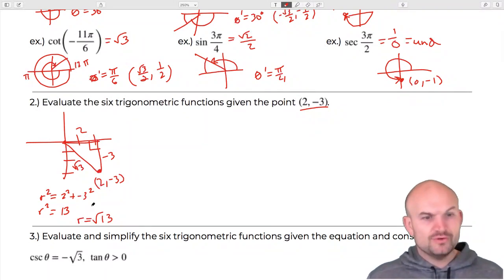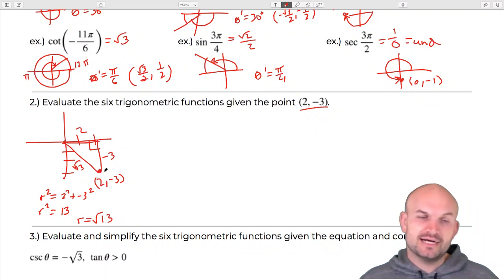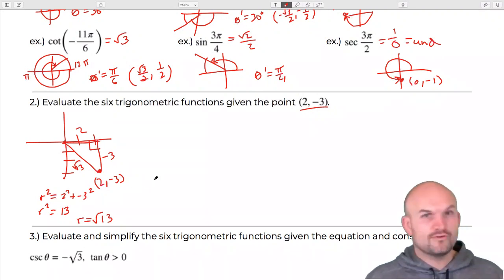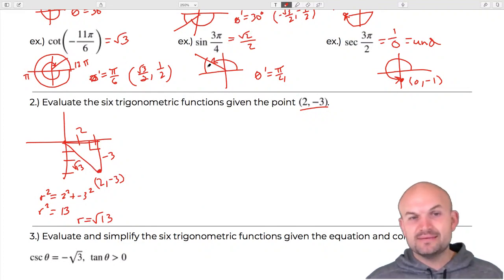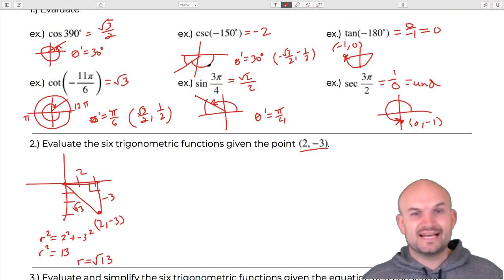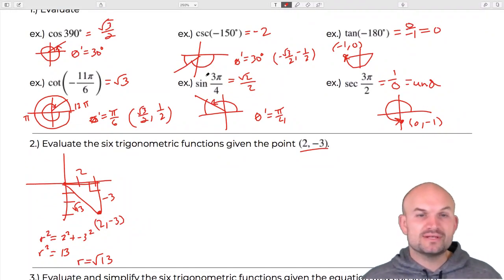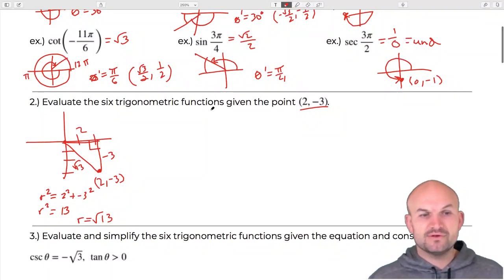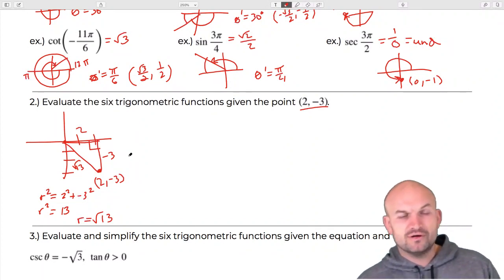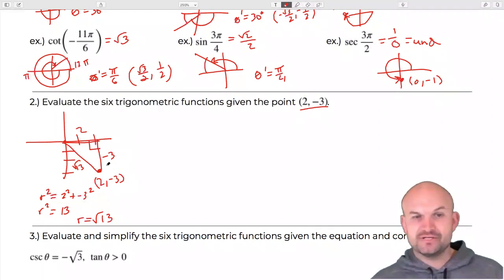So therefore, you have to use our trigonometric ratios that dealt with r, like x over r, r over y, and so on and so forth. So again, this simplicity, as far as our trigonometric functions, cosine is x, sine is y, only works when you have points on the unit circle. So in this case, we had to create our triangle. We noticed it's not on the unit circle. So therefore, we need to incorporate the hypotenuse.